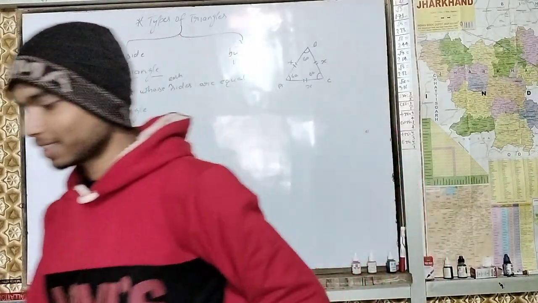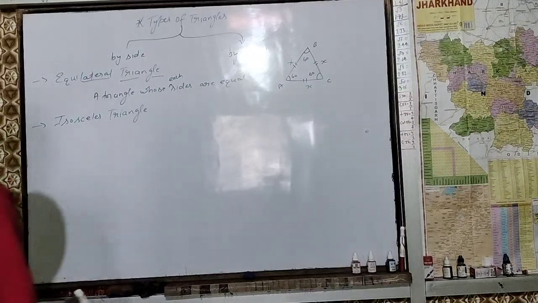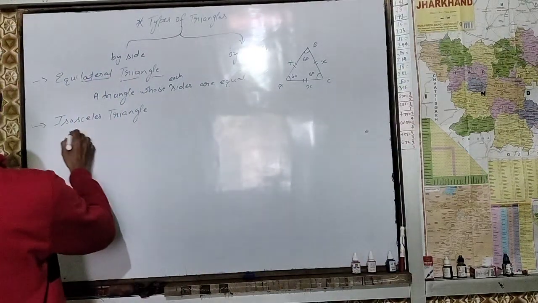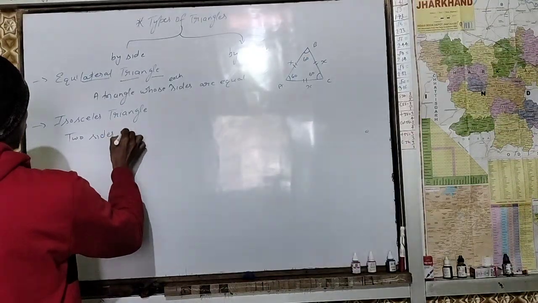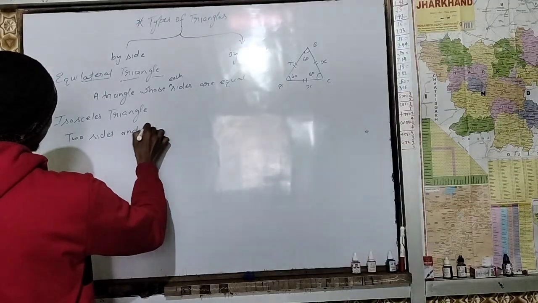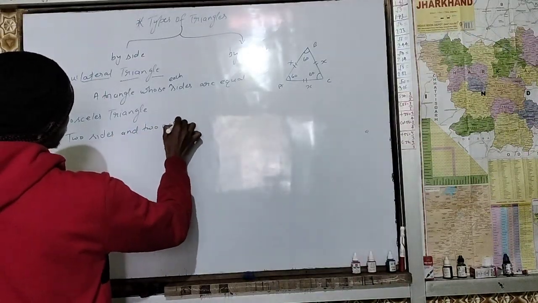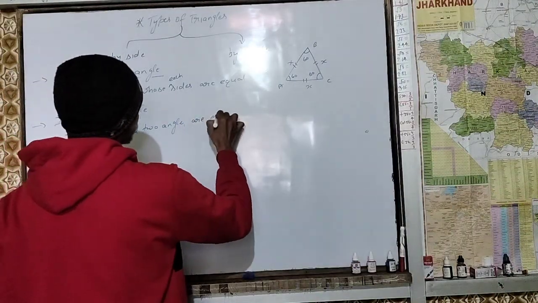Do you understand? Got it or not? Let me clarify. Two sides, or two sides and two angles should be equal.